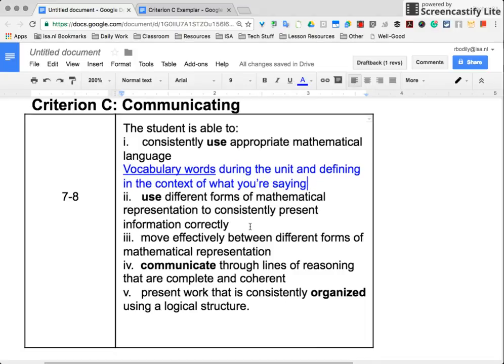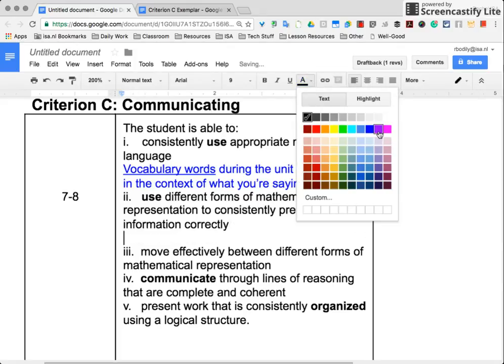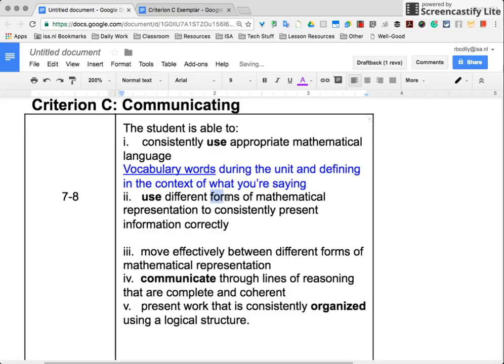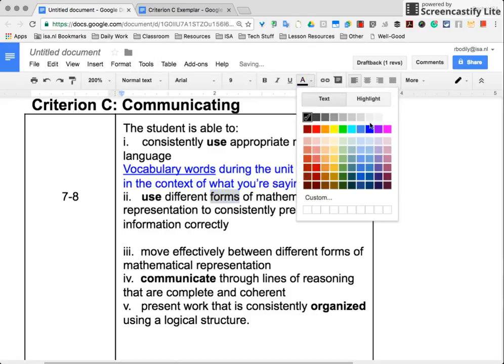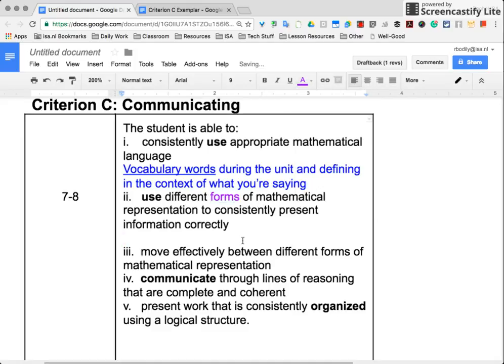The second one would be use different forms of mathematical representation to consistently present information correctly. So we've talked about what mathematical forms are. Okay, so forms are really models. They are like the algebra tiles that we were just using. They're models.